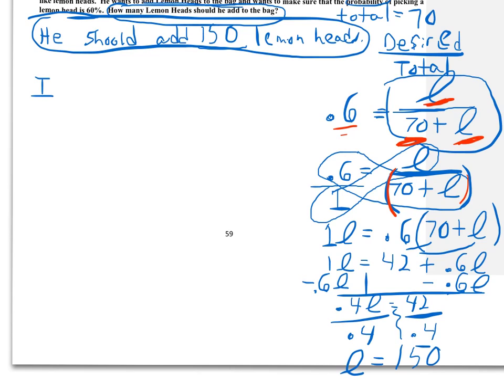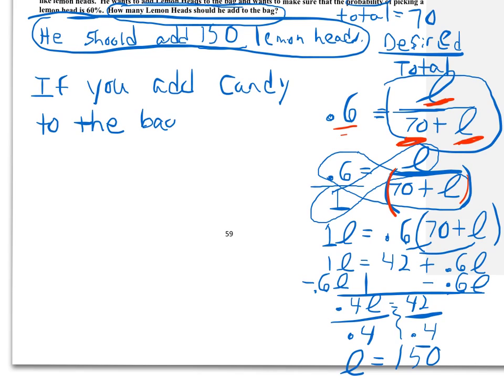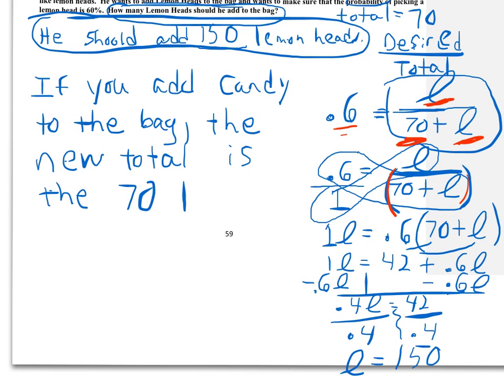So, if we're going to kind of get down in words what we did: if you add candy to the bag, the new total is the 70 plus the L. And the L is basically lemon heads added to the bag.